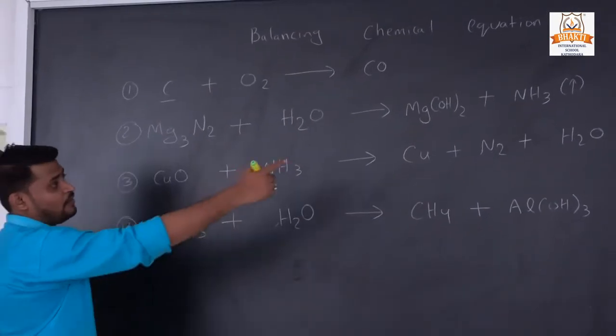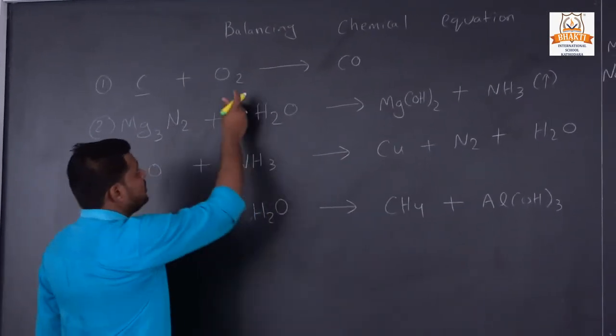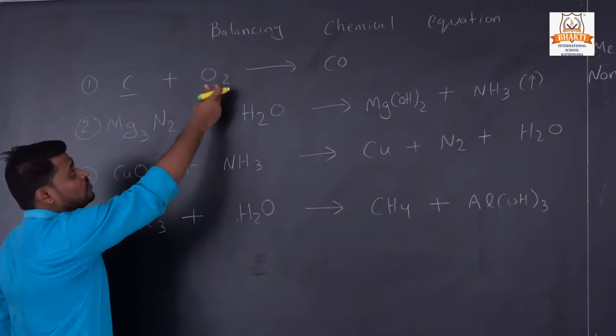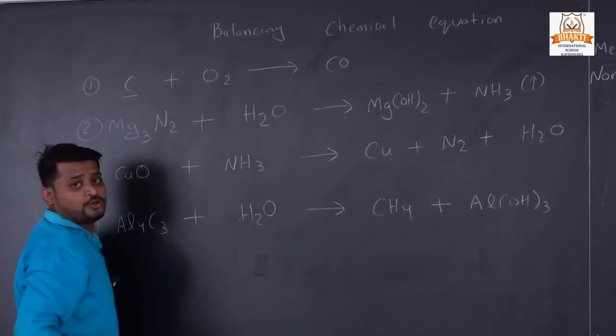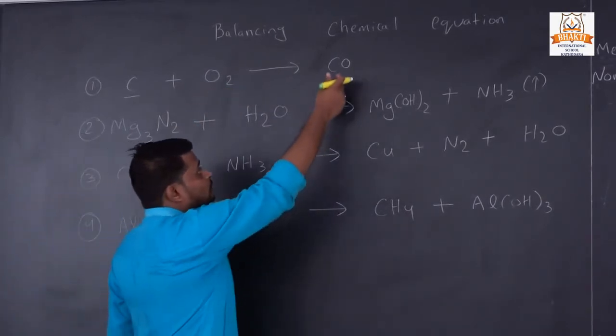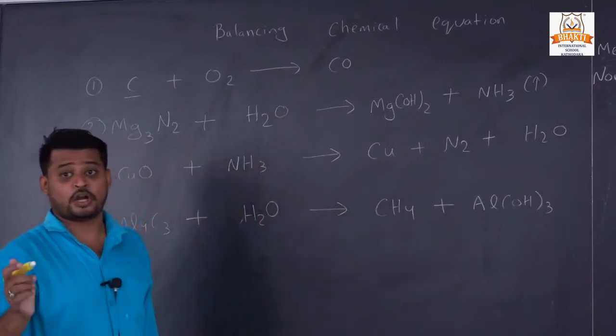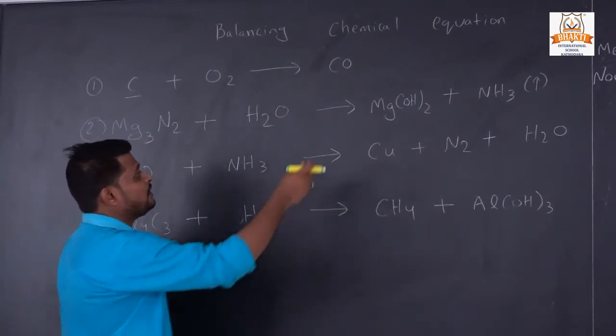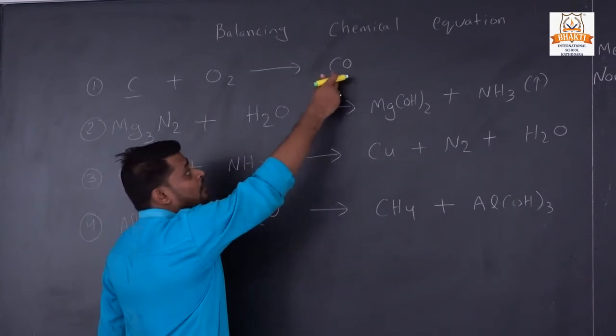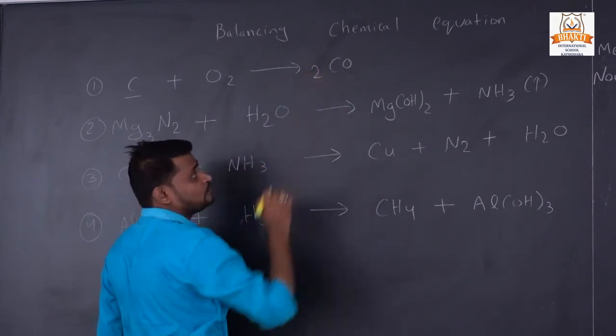Then we check our next step, oxygen. Here the molecule of oxygen is 2, and here 1, so oxygen is not balanced. Then we multiply this by 2.